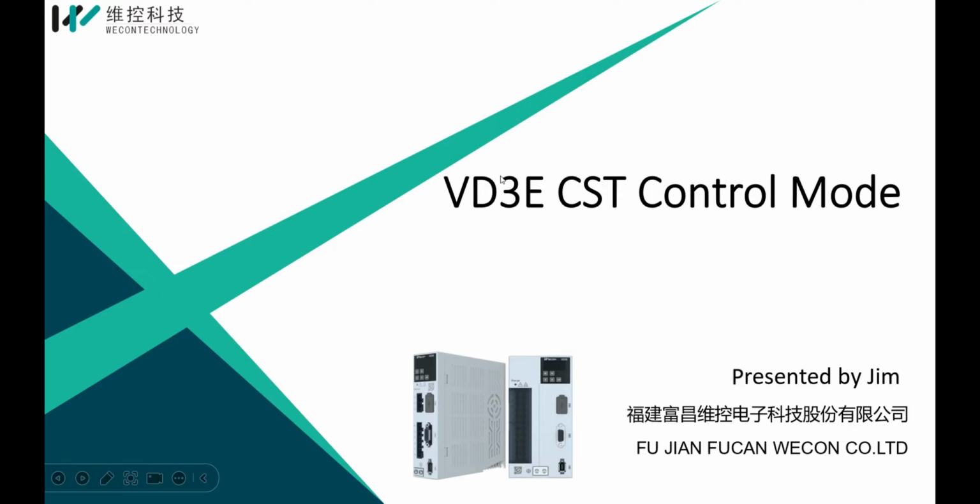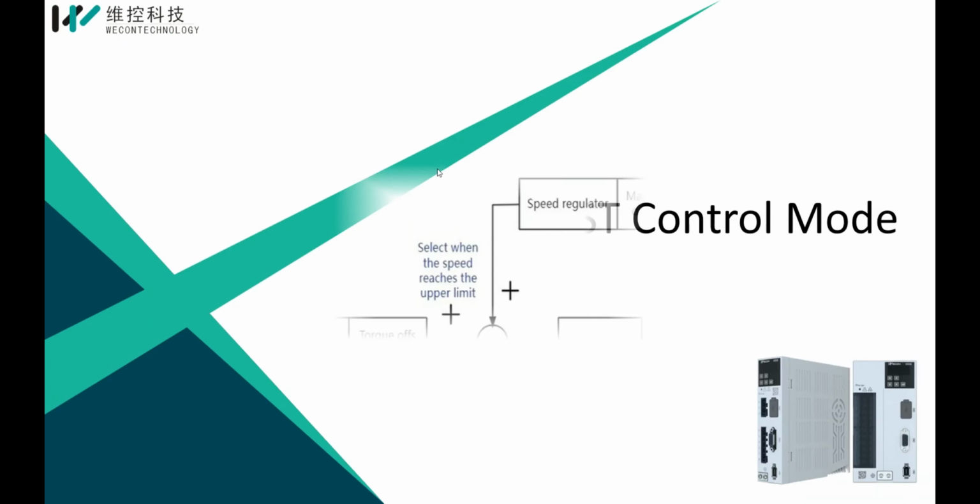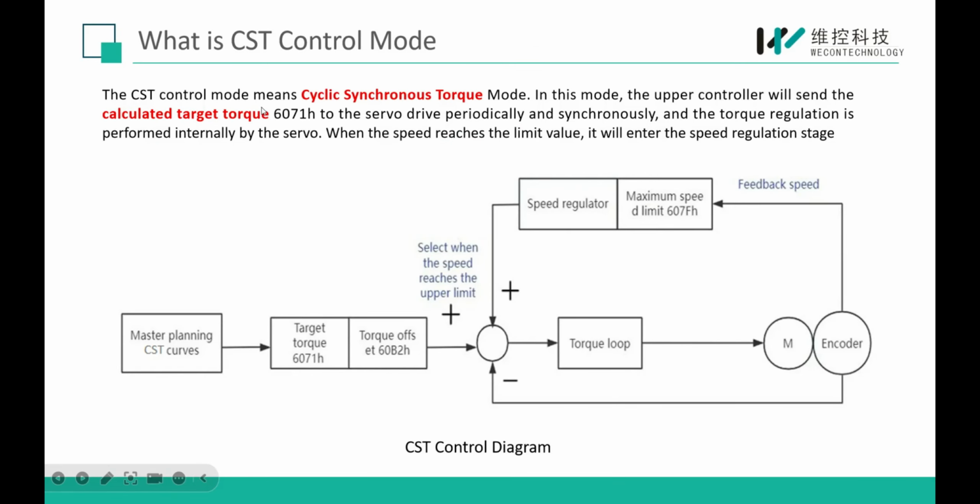Today I will introduce video-3E CST Control Mode. First, what's CST control? CST means cyclic synchronous torque control. In this control mode, our upper controller, PLC, will send the calculated target torque to our servo driver.